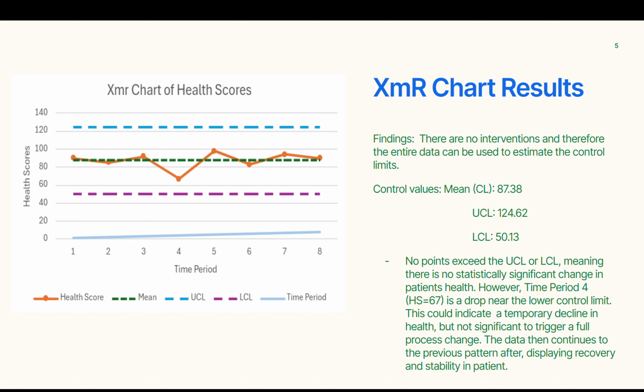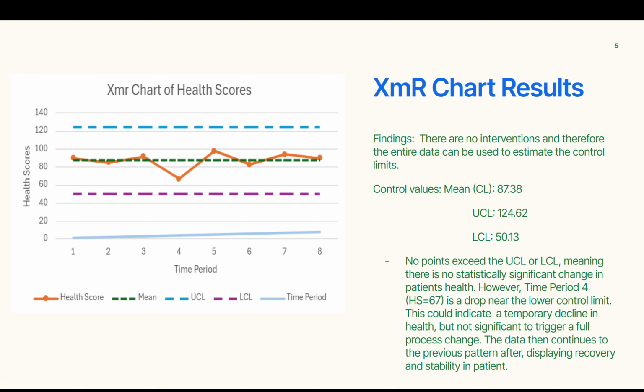So now we can go over and analyze the XMR chart results. Here our findings show that there are no interventions. First, we should point out that there are no interventions, and therefore the entire data can be used to estimate the control limits. So the control value, the mean, is 87.38.